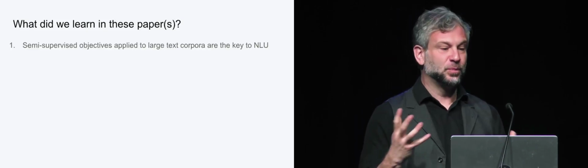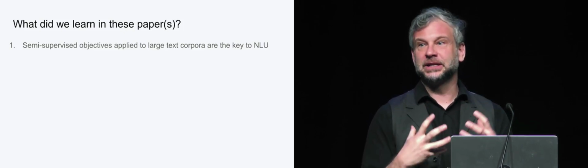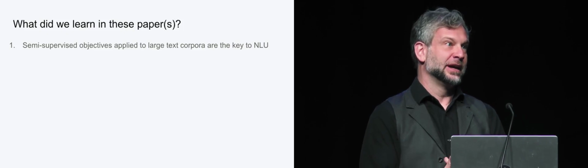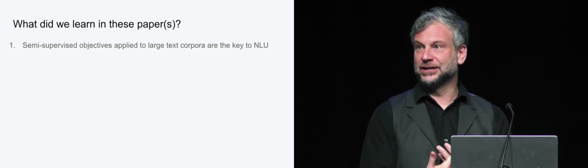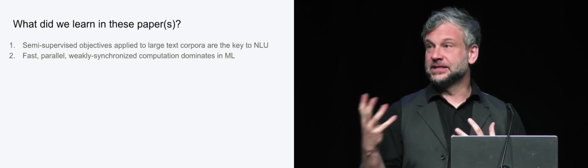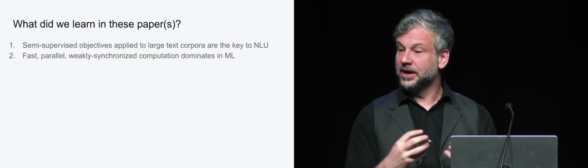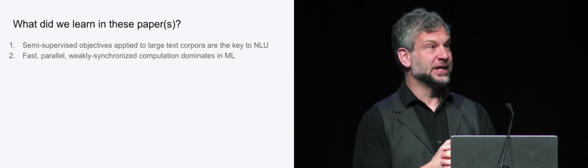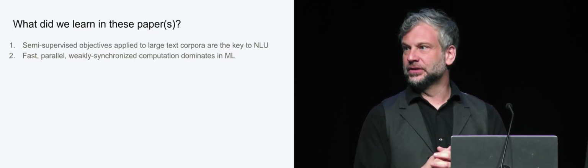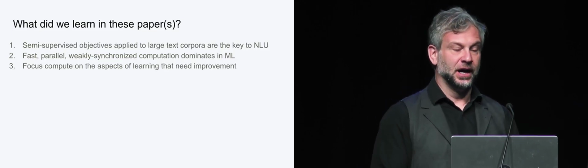So the first point is that semi-supervised objectives have an incredibly powerful opportunity, and we think that they're going to be critical for natural language understanding going forward. We think that this paper shows that fast parallel and weakly supervised synchronization in computation really dominates over the fruitless precision of tight synchronization.